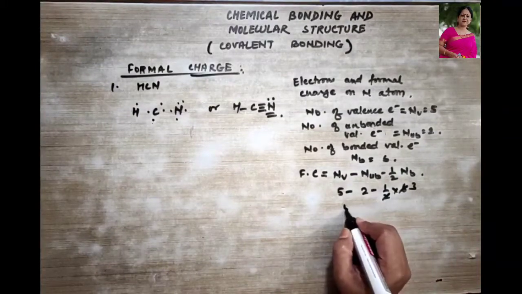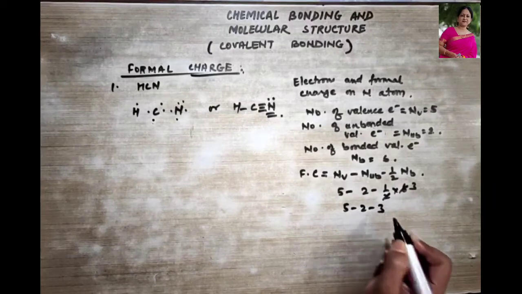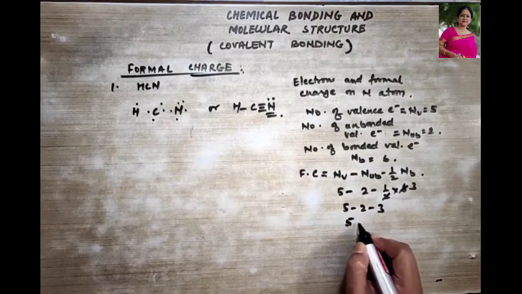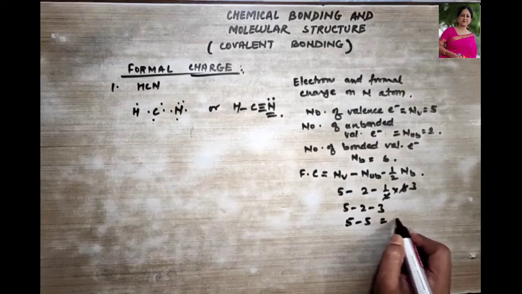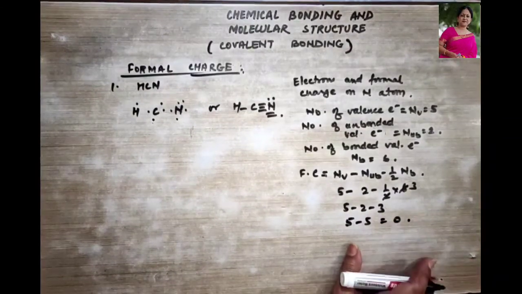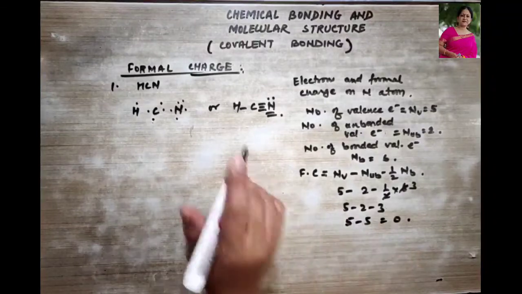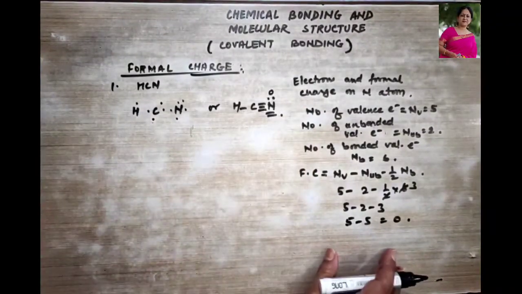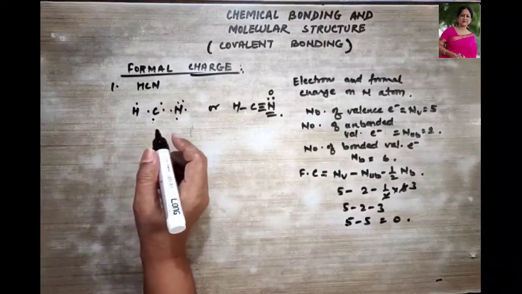This gives you 5 minus 2 minus 3, which is 5 minus 5, equal to 0. So the formal charge on nitrogen is 0. I hope this is clear.